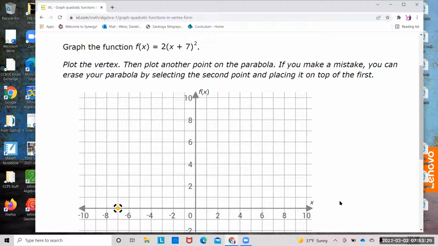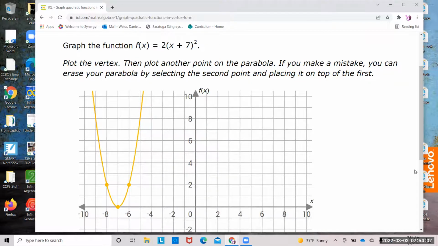If I put in 1, what's 1 plus 7? 1 plus 7 is 8. Remember, I was at negative 7, so I'm going to go to negative 6, right? Because negative 6 plus 7 makes 1, right? Does that make sense? And 1 times 1 makes 1. What's 2 times that 1? 2, right? So at negative 6, I go to 2. Boom. Can I have one more nod? That's not so bad, okay?